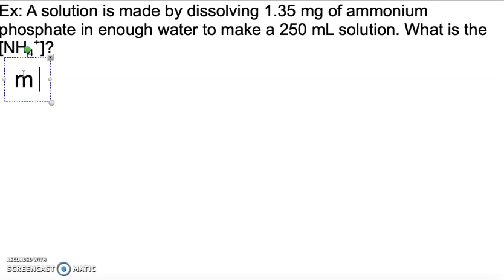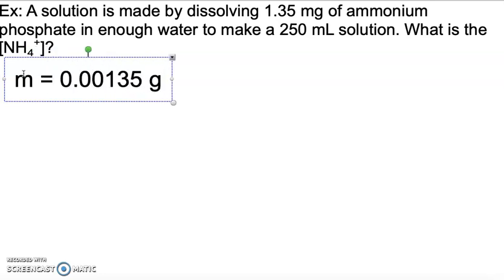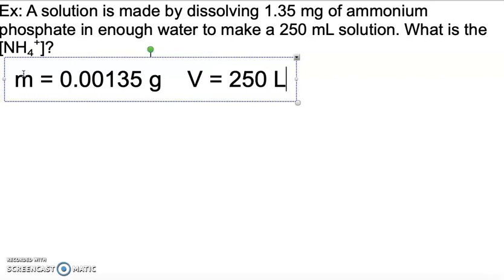To convert milligrams to grams, we have to divide by 1,000. So we get 0.00135 grams. Or you could do that in scientific notation and write it as 1.35 times 10 to the negative 3 grams. It doesn't really matter, it works out the same. Okay, we have our volume as 250 liters.